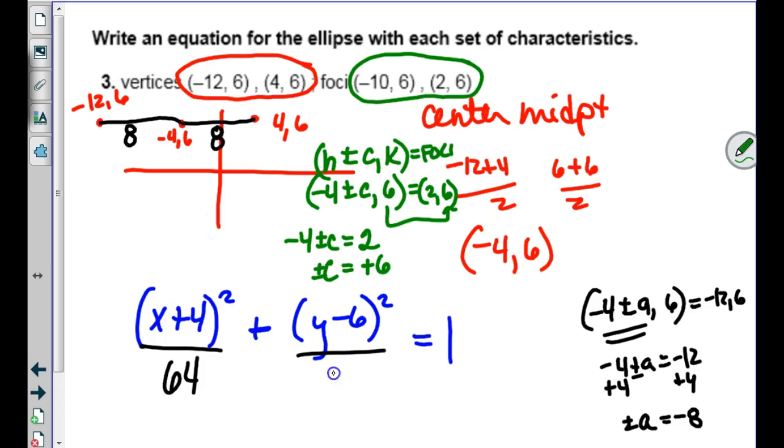No, it's not going to be a 36. I know, I wanted it to be 2. But the formula is C squared equals A squared minus B squared. C squared is how much? That's the 36. What's A squared? Okay, work that backwards. What's 36 minus 64? Somebody?